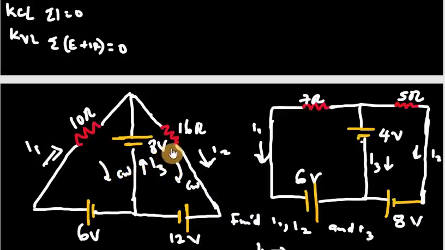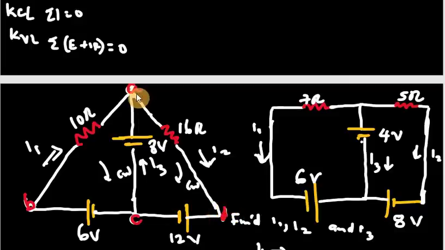But before you identify this, let us label this A, B, C, and D. Then let us use a different color so that it becomes very clear. This is A, B, C, and D. A loop is a closed path in a circuit.